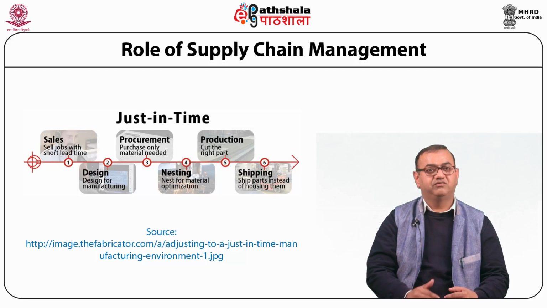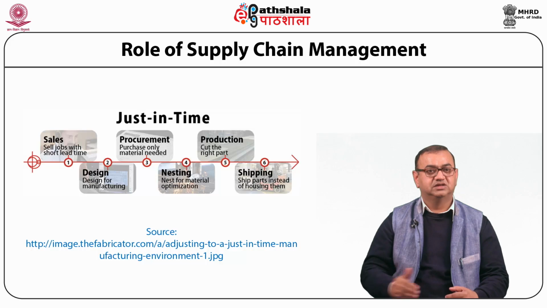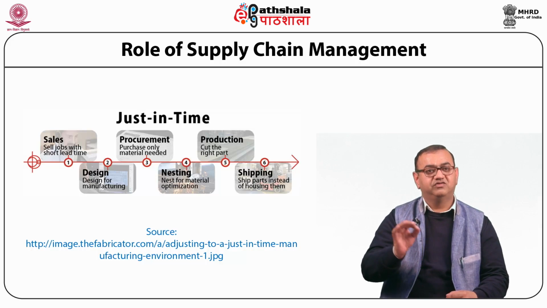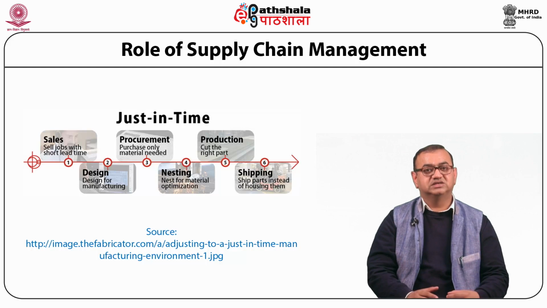Since any loss of inventory anywhere in the supply chain would result in loss of value, effective control of inventory and visibility of inventory gains importance as a key factor of the supply chain management function.